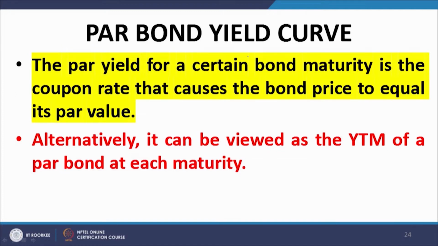I repeat, for a par bond, the coupon rate and YTM must be equal, and therefore, we can also define the par rate in terms of the YTM.